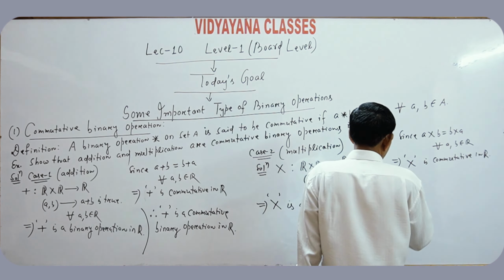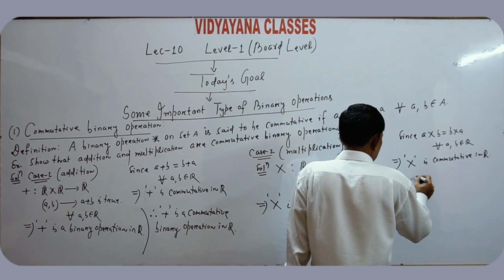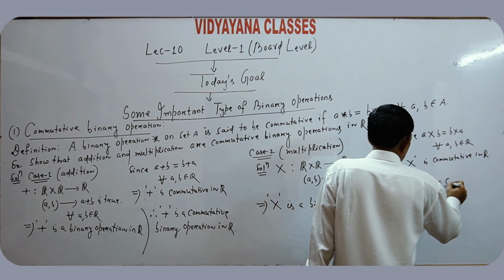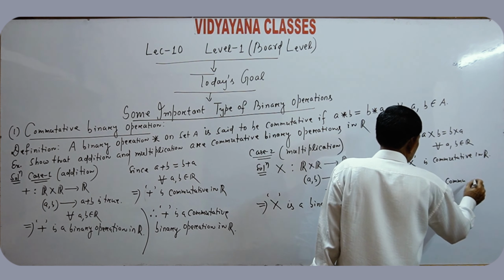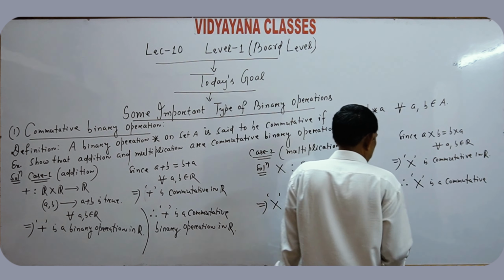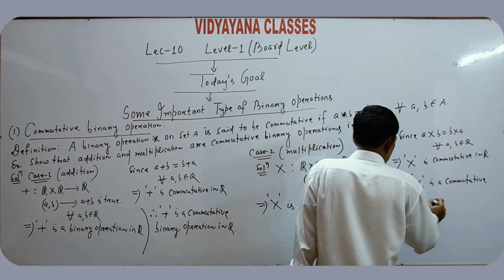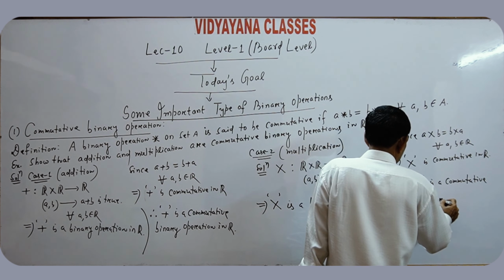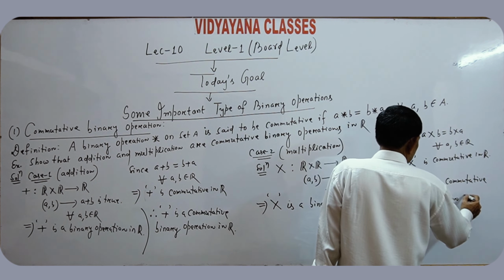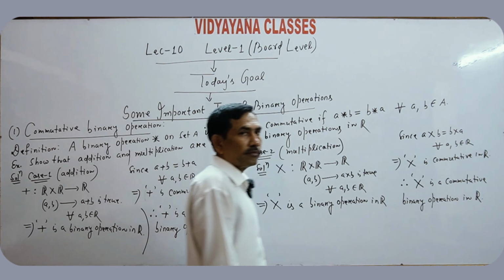Therefore, multiplication is a commutative binary operation in the set of real numbers.